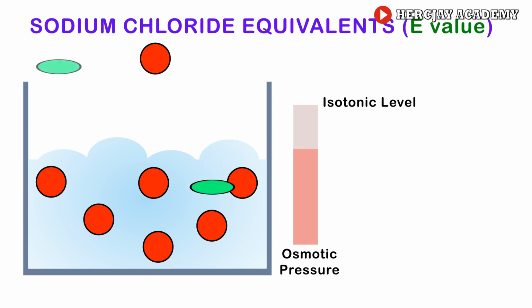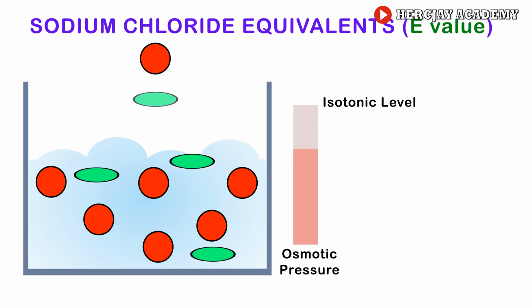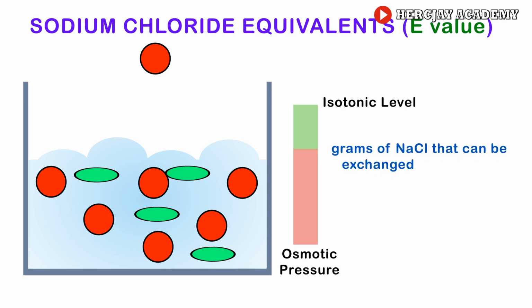Now, how many grams of sodium chloride should be added to that solution to be able to replace that 1 gram of drug X that was removed and make the solution isotonic again? This is what is referred to as sodium chloride equivalent, or E value of drug X. So basically, the E value of drug X is the grams of sodium chloride that can be replaced by 1 gram of drug X in terms of osmotic pressure.